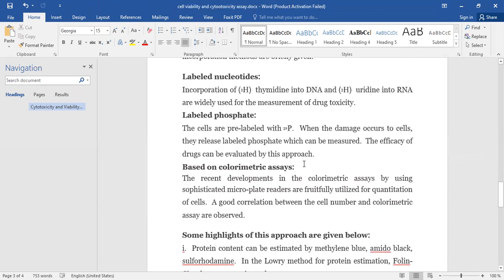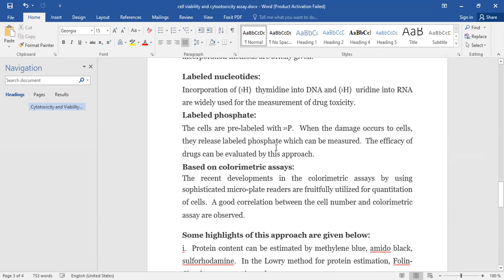The next is the labeled nucleotide method. In this method, we incorporate labeled nucleotides such as thymidine into the DNA, and we measure the amount of DNA present in the cell. If the amount is enough, it indicates that the cells are viable. The next is labeled phosphate, which is used for labeling the phosphate present in the nucleoside.